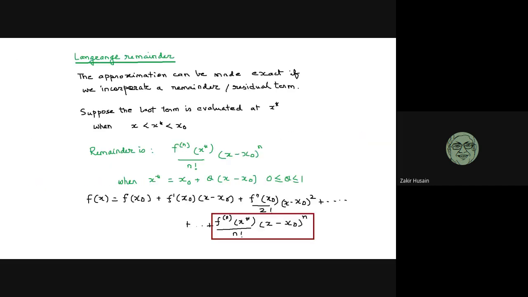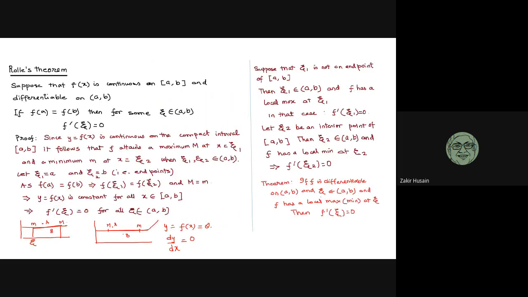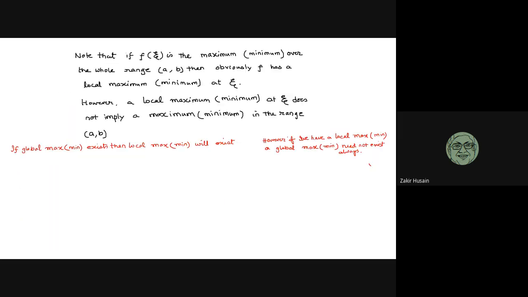That is the meaning of maximum. Now, using the mean value theorem, we can write this in this way. The mean value theorem can be rewritten like this. I'll skip through the mean value.